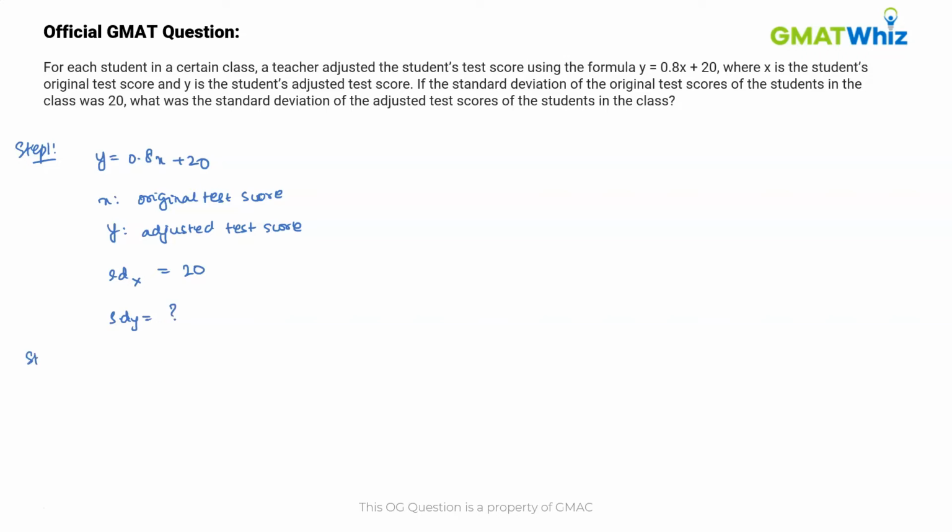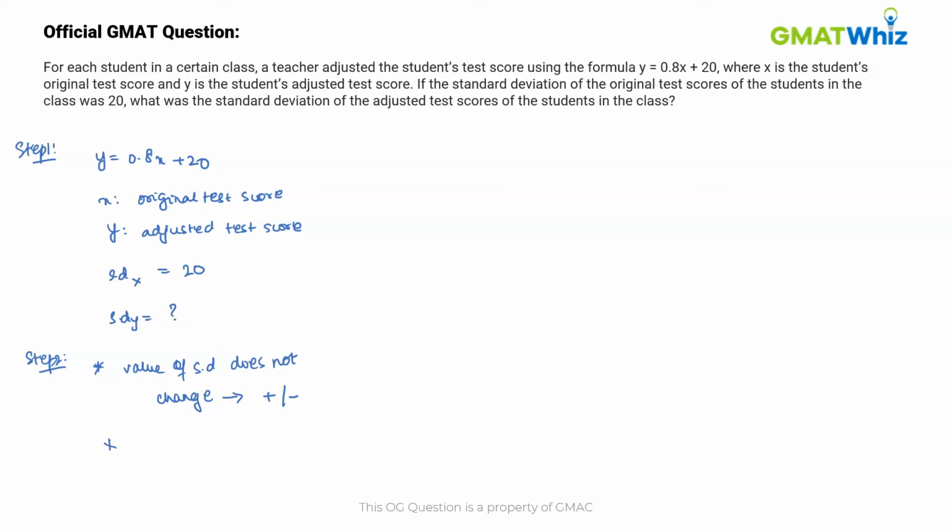Now, to understand the methodology of the solution, we move on to step 2. There are two important things to keep in mind to be able to solve the solution. The first is to know that the value of standard deviation does not change when we are adding or subtracting.